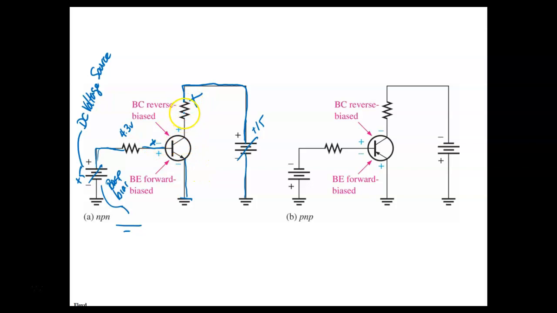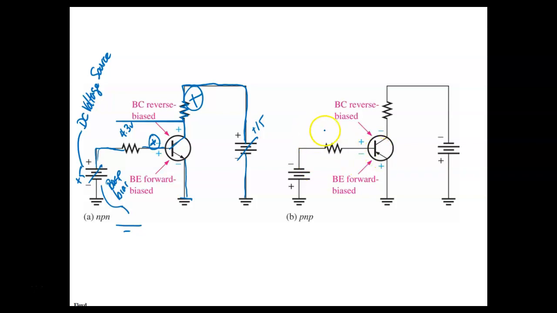So that reverse bias is the collector-base junction. Little plus, big plus, right? You understand that? And of course, this is to give us the ability to drop the voltage on the collector, and we'll look at that as we go on.